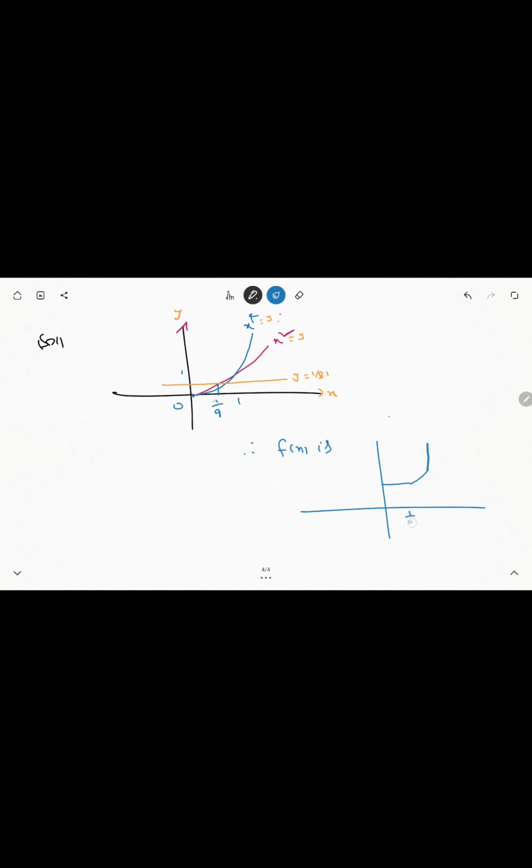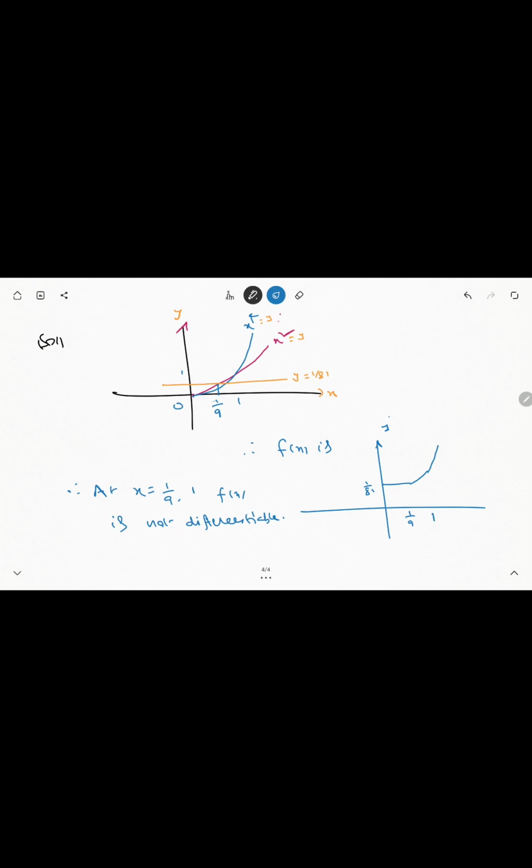So it is 1 by 9, it is 1, and it is 1 by 81 of course. How many sharp edges are there? 2. Therefore, at x is equal to 1 by 9 and 1, f of x is not differentiable because of sharp edges.